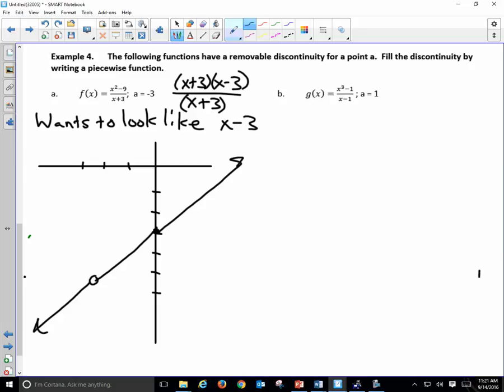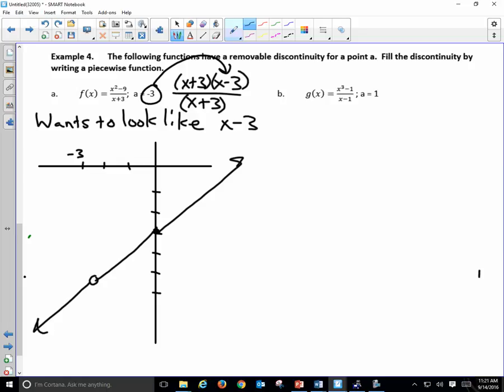Everybody agreed? Thank you. This is the point I want to make. See if you guys understood. So it's discontinuous at x equals -3, right? I know -3, but what about the y value? Well, if I simply take that -3 and plug it into what it wants to be, that would tell me -6. See that?